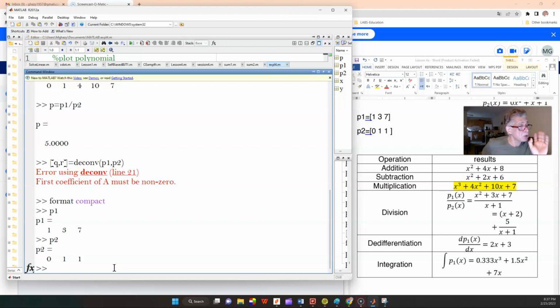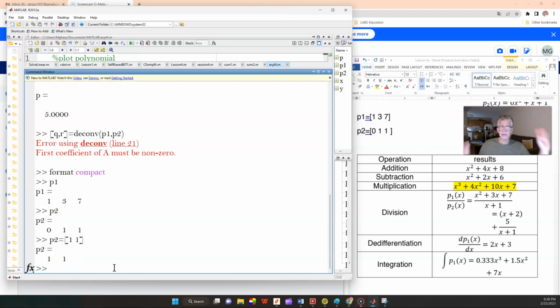So you can express the second polynomial P2 normally, without adding a 0 coefficient to equalize the number of terms. Division of polynomials does not accept a 0 coefficient as the first one, because when you divide by 0, you get infinity. So just express P2 normally: x plus 1.